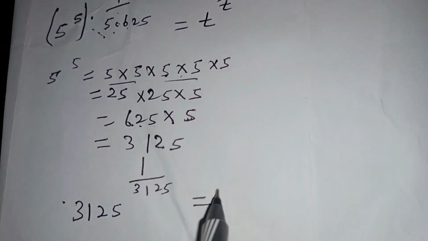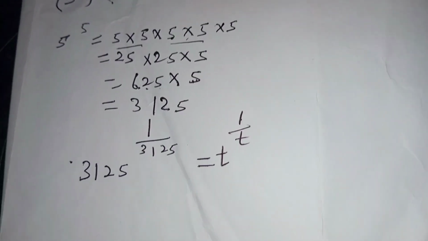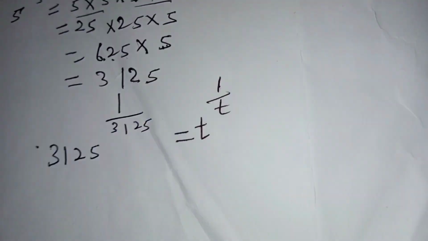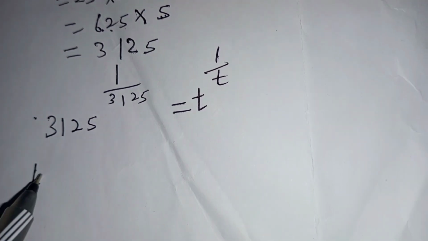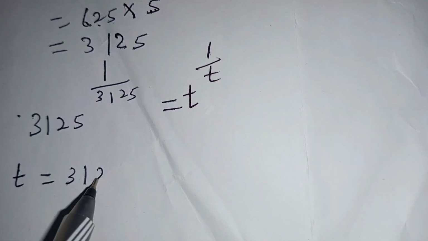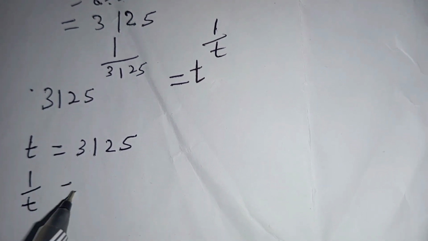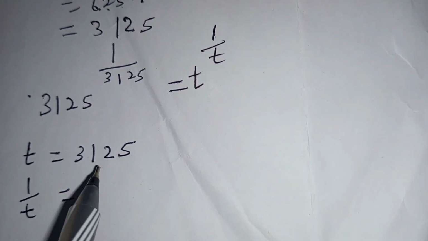This is equal to t to the power of 1 over t, meaning that our t, we can clearly see, is 3125. Or you can even say 1 over t is equal to 3125. The reciprocal of 1 over t is t. The reciprocal of 1 over 3125 is 3125.